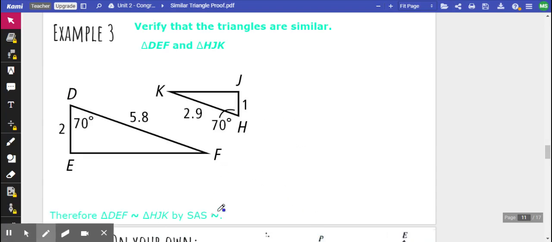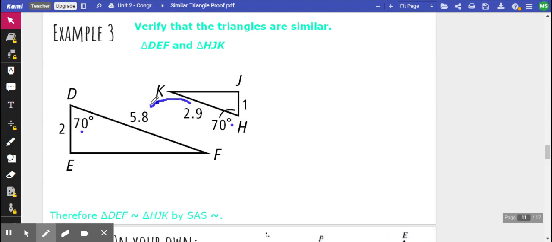In this next example, we want to show that these are similar by side angle side similarity. So we have a good start by seeing that we have a 70-degree angle. And if we look at going from little to big, or big to small, you can see that you double 1 to get 2, double 2.9 to get 5.8.